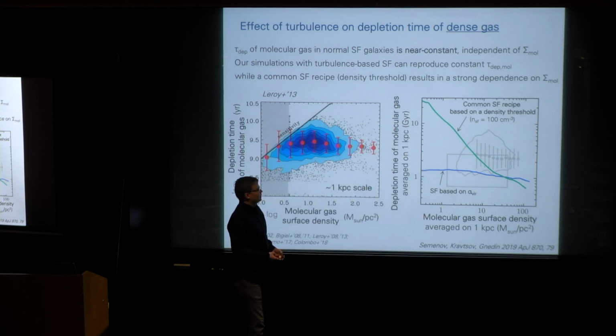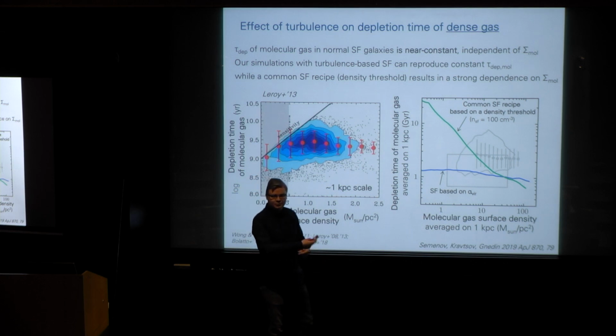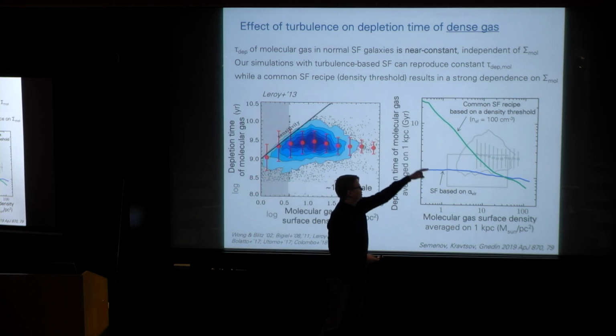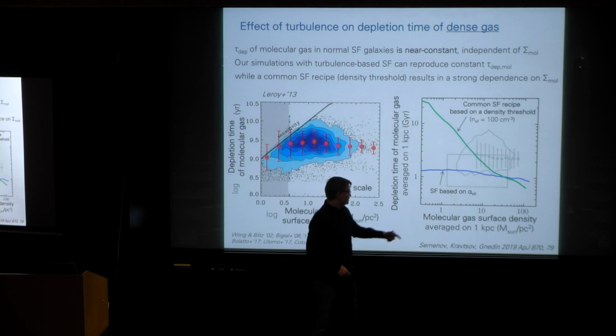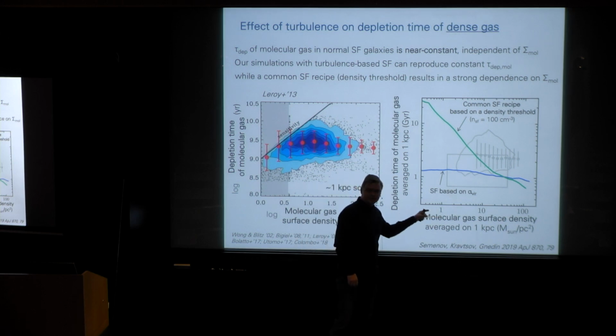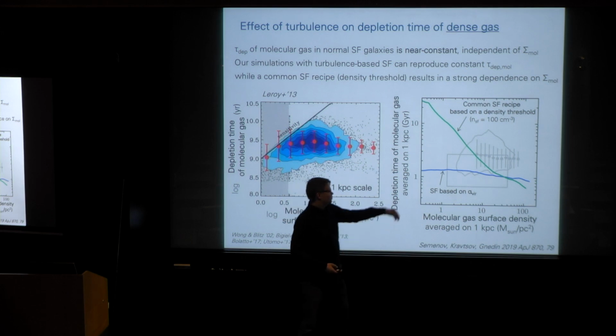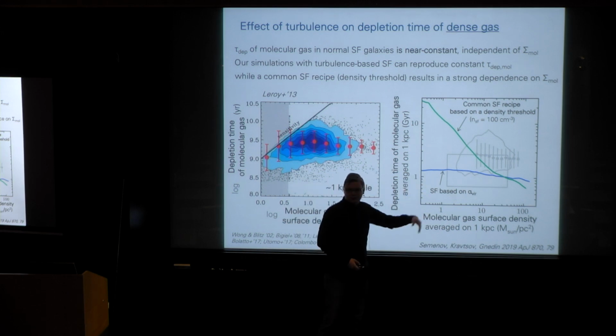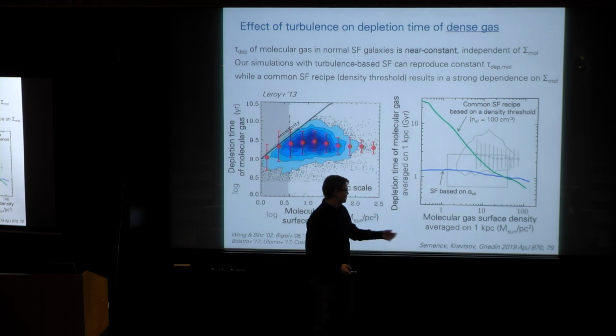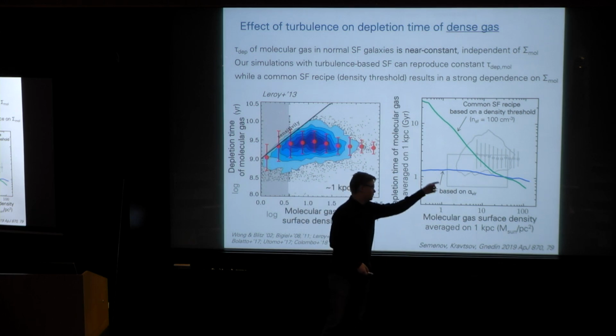And this is exactly because of the difference in how gas transits between star-forming and non-star-forming states. In this case, in order to become star-forming, gas must be compressed to high densities, and this happens on much longer time scales in diffuse gas, while for turbulence-based star formation, this still happens on the local crossing time on which turbulence decays. So this happens very rapidly.